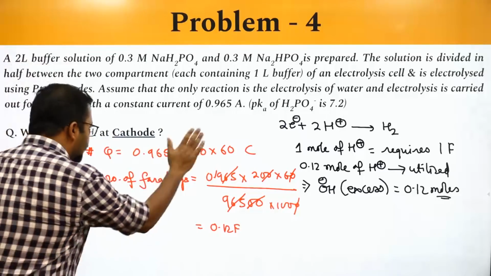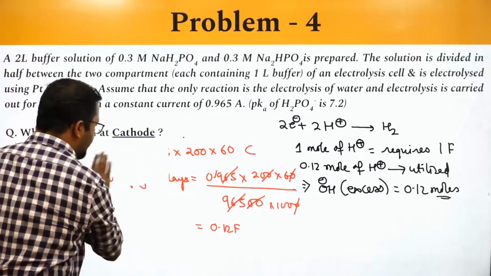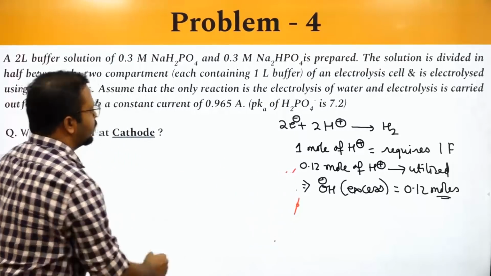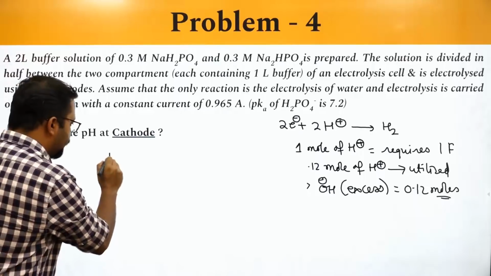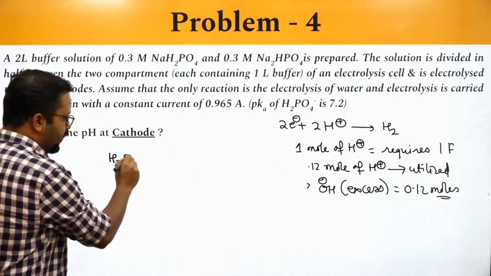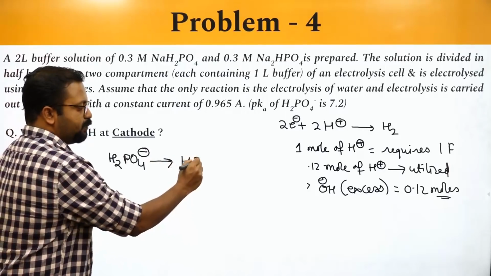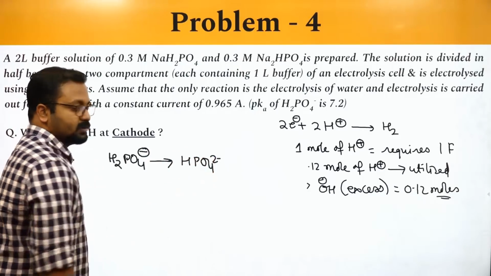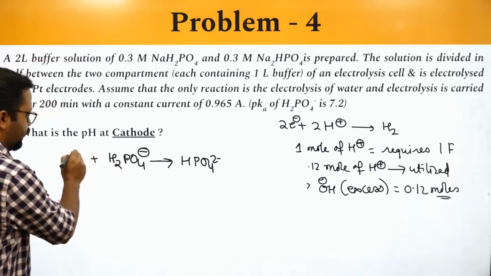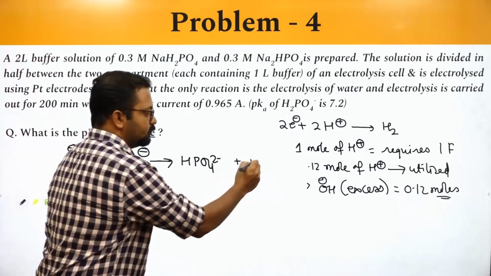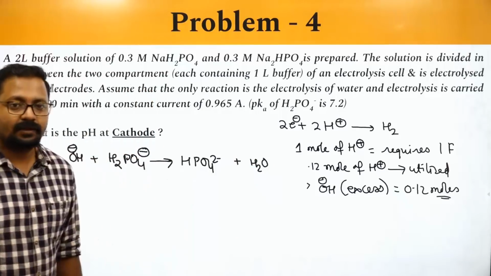Let's move on to the third part. How is it relevant for the buffer solution? So our buffer solution is H2PO4 minus, which is going to change to HPO4 2 minus. Now if this reacts with a base, OH minus, it will produce water. As simple as that.